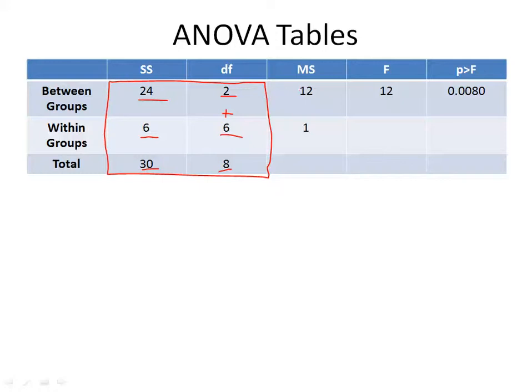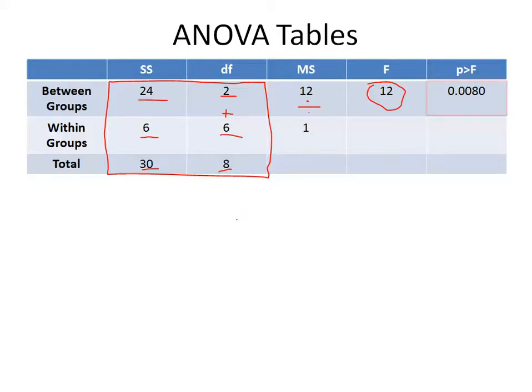The F statistic is the mean sum of squares between over the mean sum of squares within. So this value of F is nothing more than 12 divided by 1. That's 12.